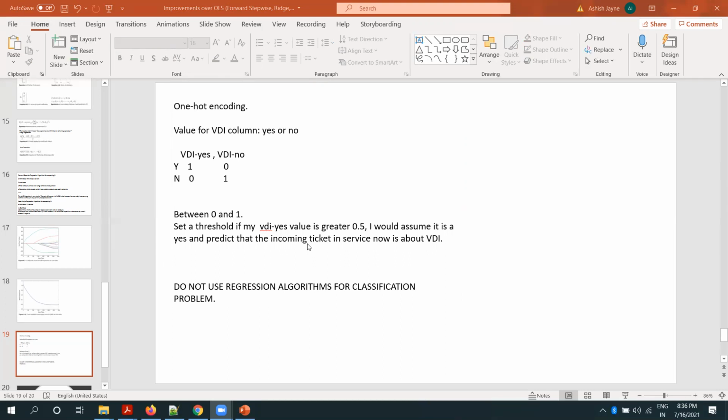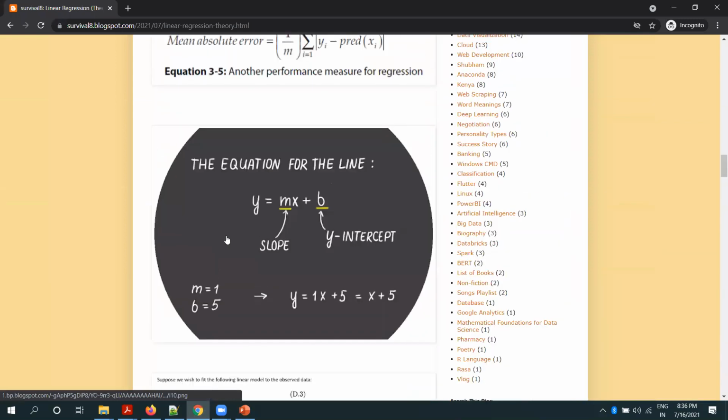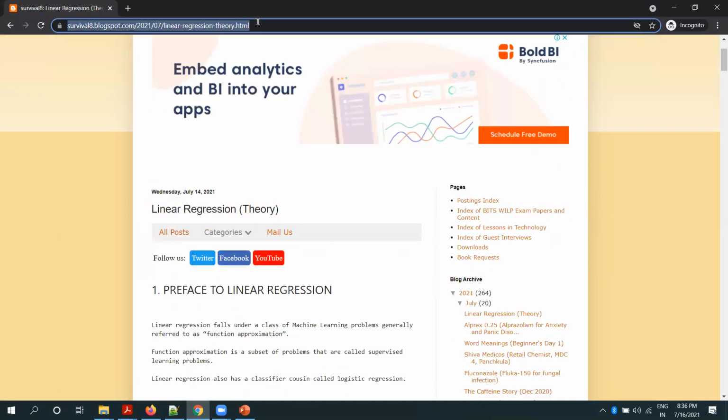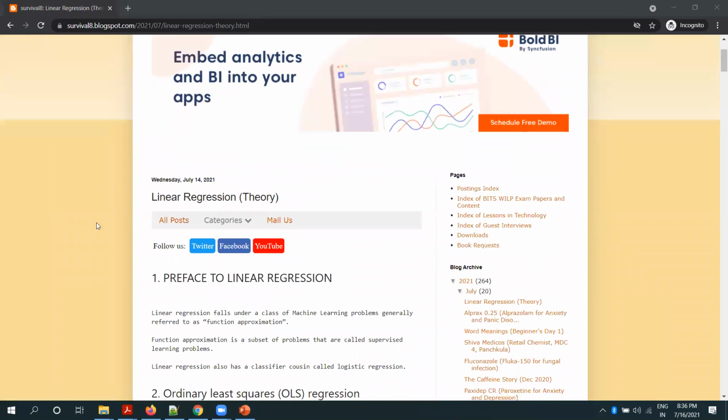Would this slide be shared? Yeah, I would prepare a web page like this one. You were not there in the previous session, so you can go through this. I'll share the link again with you in the chat, and you can learn a few things about linear regression from it.